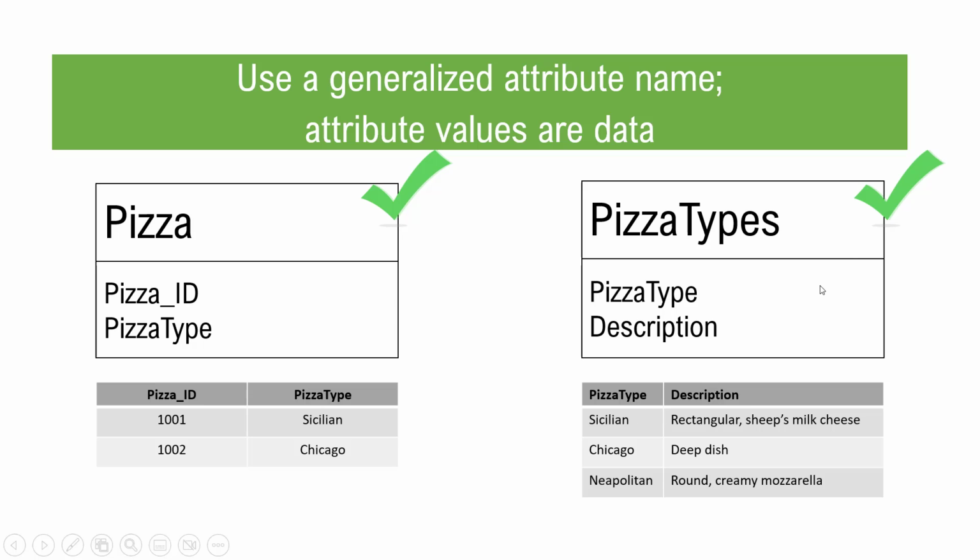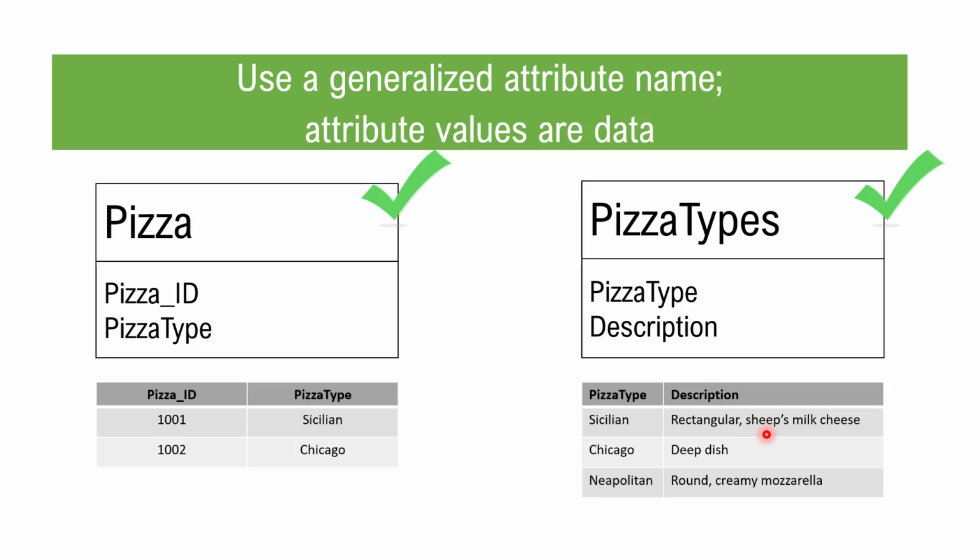So in the world of data modeling, we would usually expect this to be two different data entities. One entity representing pizza, and here, of course, you can have more attributes than just ID and type. The type of pizza will have one specific value out of the whole list of possible values. What are all of the different pizza types? You will know that Sicilian actually is rectangular, and I learned it while making this video.